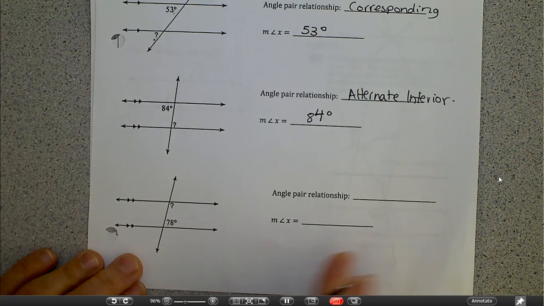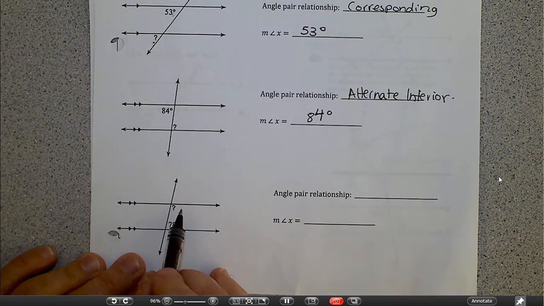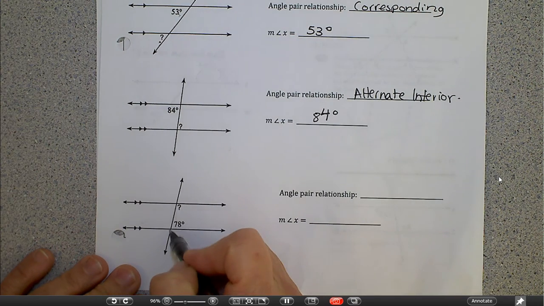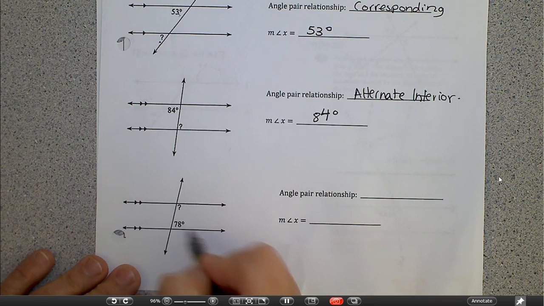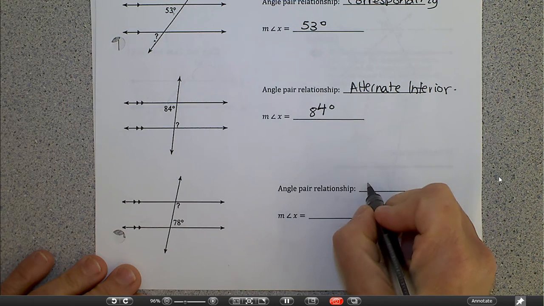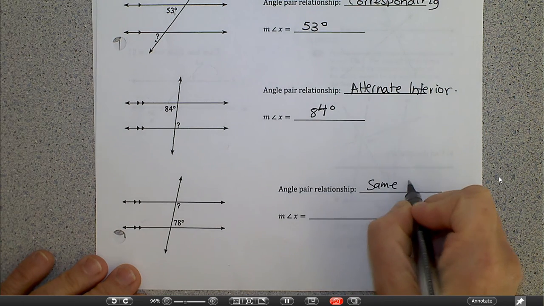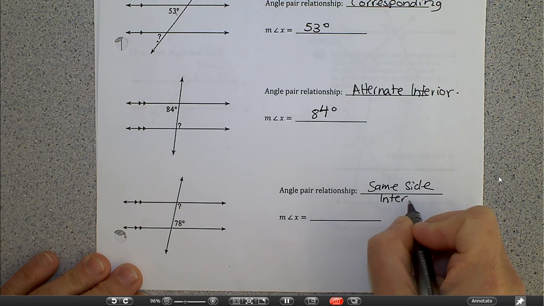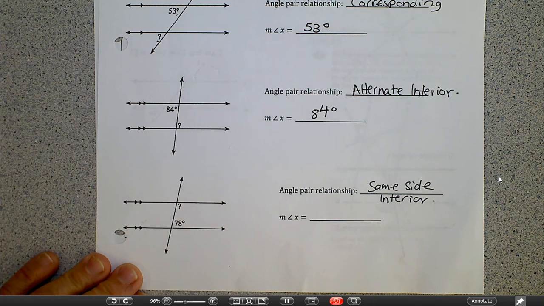And now all that's left is really same side interior, and that makes sense. We're on the same side and we're inside the imaginary box, or between the lines, and it's called same side interior.